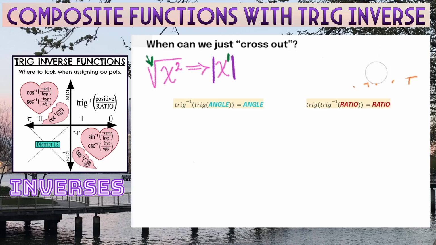Okay? So when are we allowed to do this? Let's define a rule here.